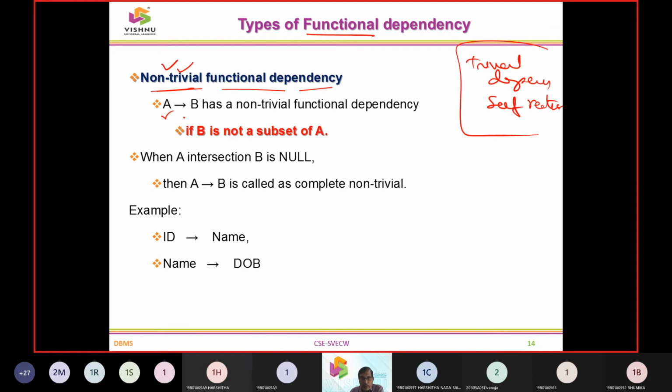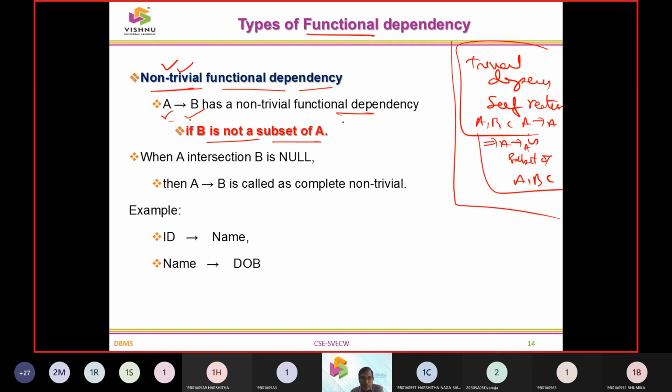There is a relationship from A to B, and it is satisfied if B is not a subset of A. In the trivial case, A to A is a subset of A, B and C, but this case we are not going to consider. So B is not going to be a subset of A.